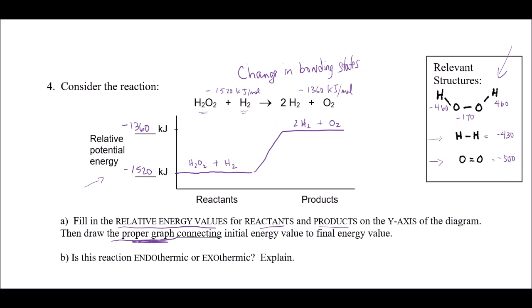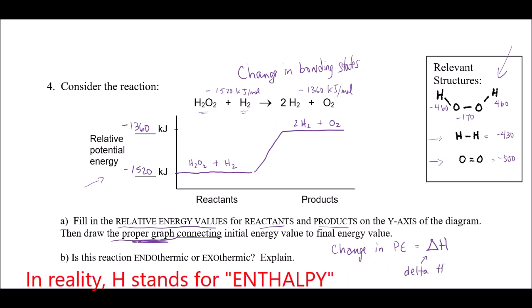And what's most important about this graph is, what is the change? So the change in energy is symbolized with a triangle, which is delta, and an H, which you can think stands for heat. So this is delta H. That goes in the middle here. This is where it changes.